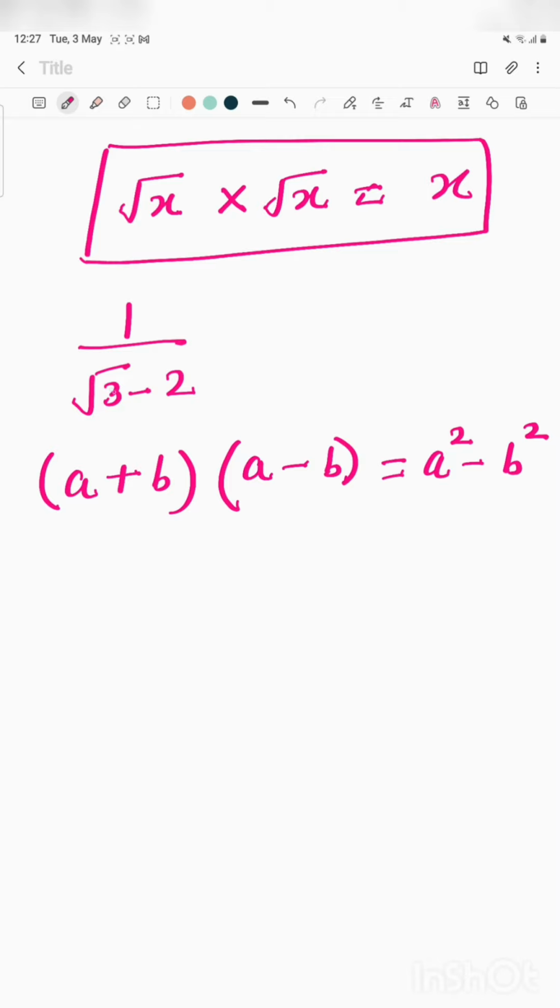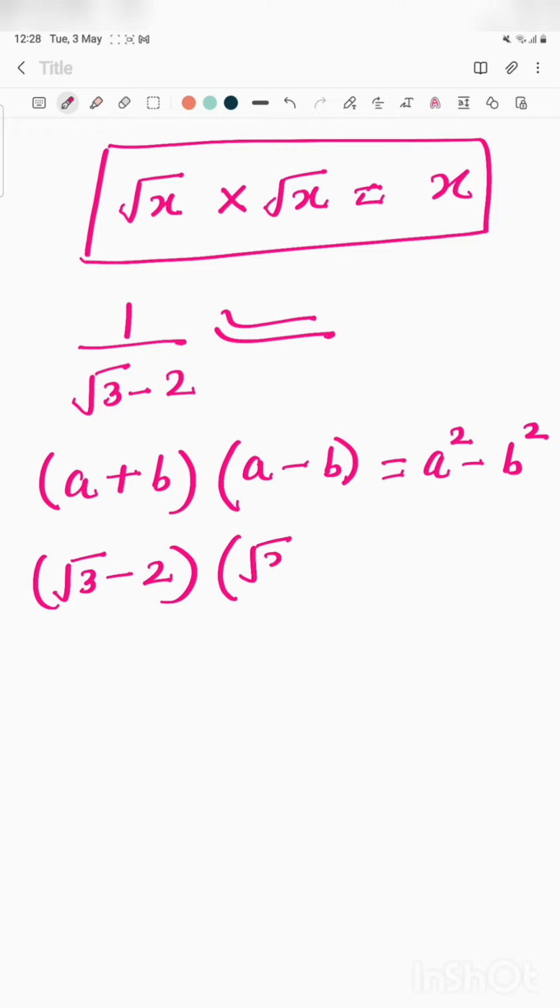Now if you can see, the denominator of this number 1 upon root 3 minus 2 is root 3 minus 2. What if we multiply root 3 minus 2 by its conjugate? Conjugate means the sign, that is the minus sign in between root 3 and 2, will become plus. So the conjugate of this number is root 3 plus 2. Okay, root 3 minus 2 has the conjugate root 3 plus 2.